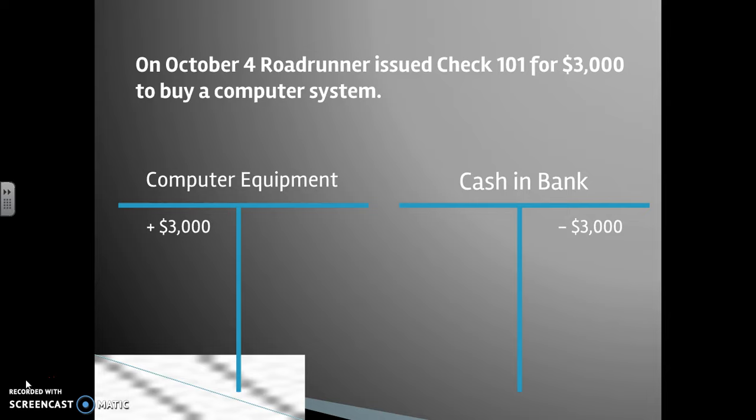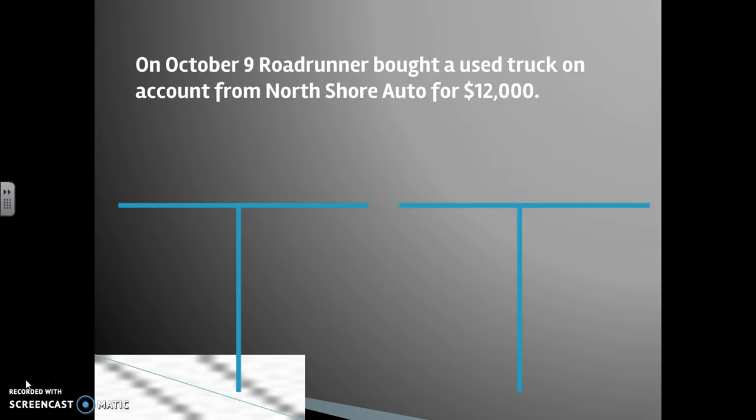If the accounts that are being affected by the transaction are on opposite sides of the equal sign, for example, an asset and a liability, then both of the accounts have to either increase or decrease in order to keep the equation equal. Just some food for thought as you're going through and analyzing these transactions.